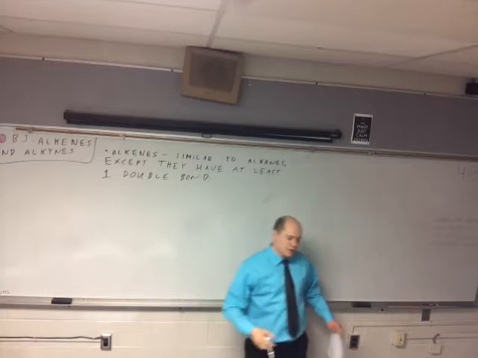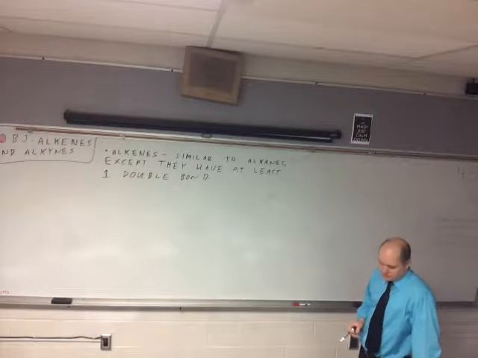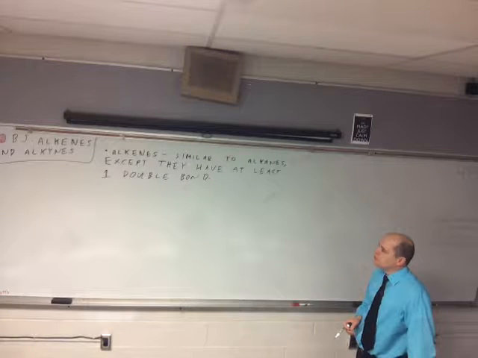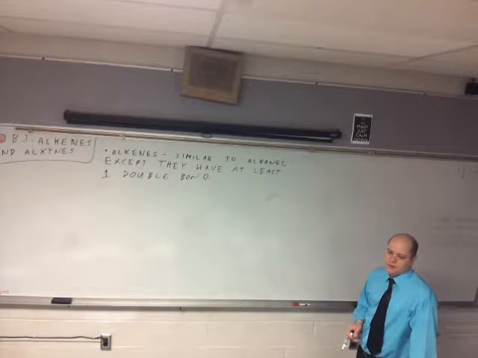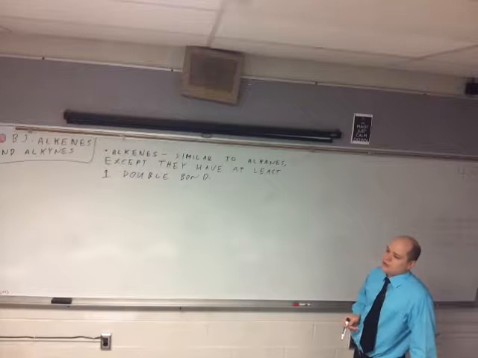You could have more than one double bond, but for today, we'll just draw them all with one double bond. Now, yesterday our list started with methane, then it was ethane, propane. Today we'll start with the 2-carbon one, ethene.